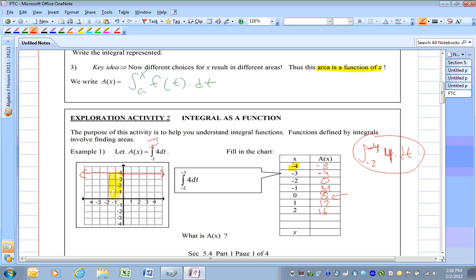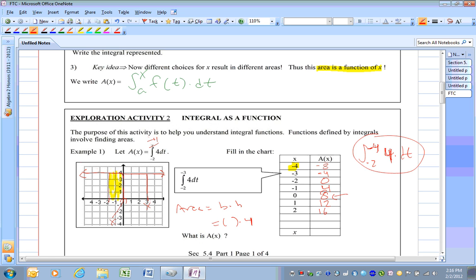Well, let's think about it. The height's always what? Area is based on type. Well, that's 4, right? What is the base going to be in terms of x? Like, x is right here, right? I mean, x could really be anywhere.